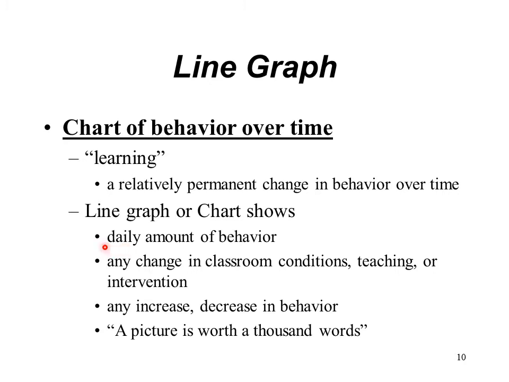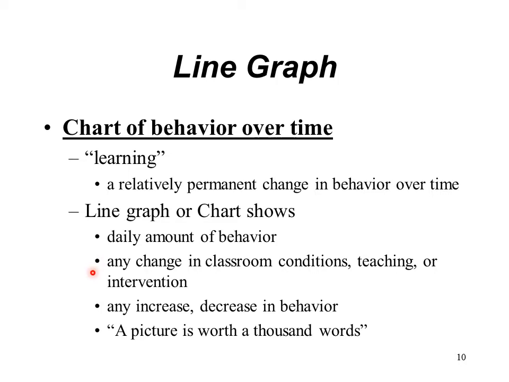If our data is based on frequency, or the number of times a behavior occurred, our graph is going to show frequency of behavior per day. It also is going to indicate any changes in conditions or changes in the intervention. On a graph, we indicate that by a vertical line that's drawn through the graph, and we'll look at some examples of those. It's called a phase change line.